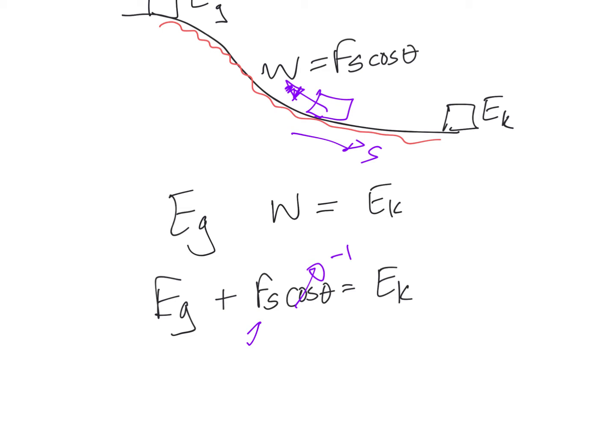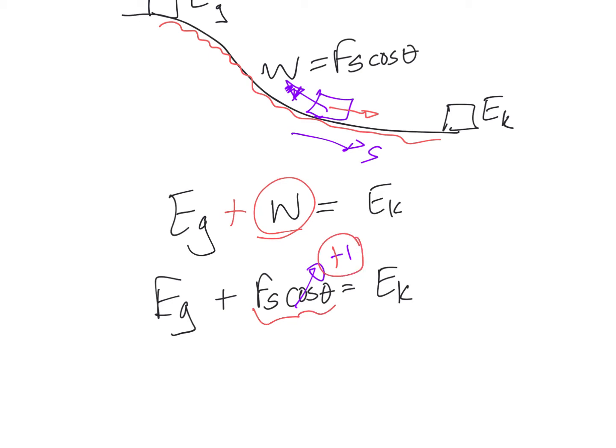If this, for some reason, was a force pushing in the positive direction, that would be a positive work, that would make this a positive, and that would still produce the result that we want with EK being bigger than EG. So if you want to be consistent, I would always put the work in front of my equal sign, always make it a plus, and then using the equation for work, that's going to make it a positive or a negative, right?